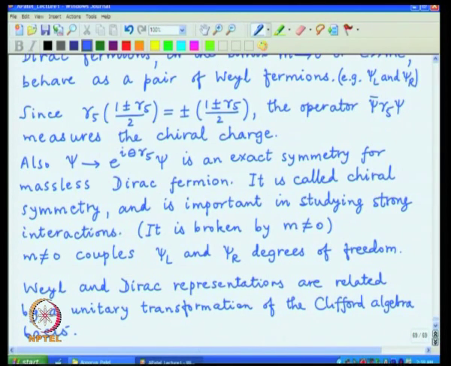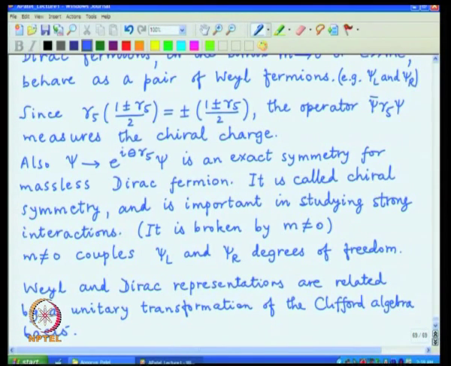So, this is one aspect of the convenience in choosing the basis of Clifford algebra, and it allows you to basically have the degrees of freedom of the Dirac equation when the particle has no mass.